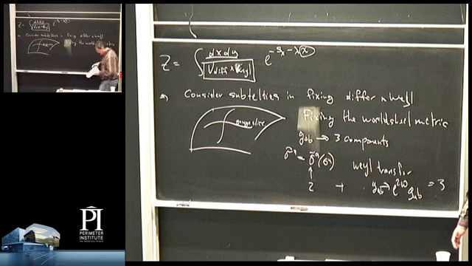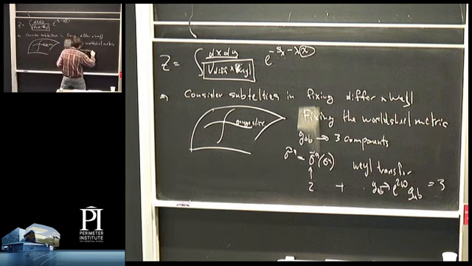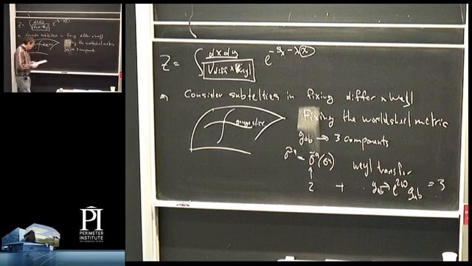Just one second, let me finish. In particular, the worldsheet metric has three independent components. And we notice that there are precisely three reparametrization degrees of freedom. We can reparameterize coordinates on the worldsheet, and that gives us two.